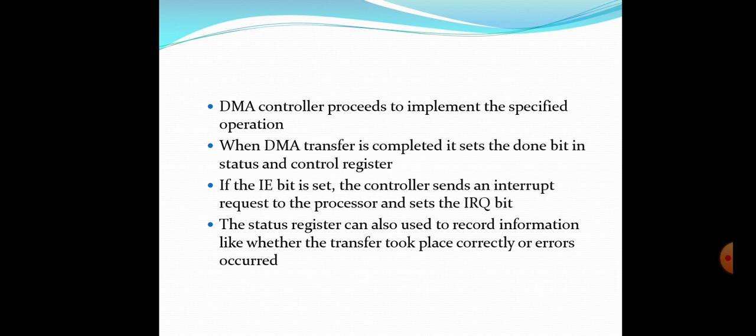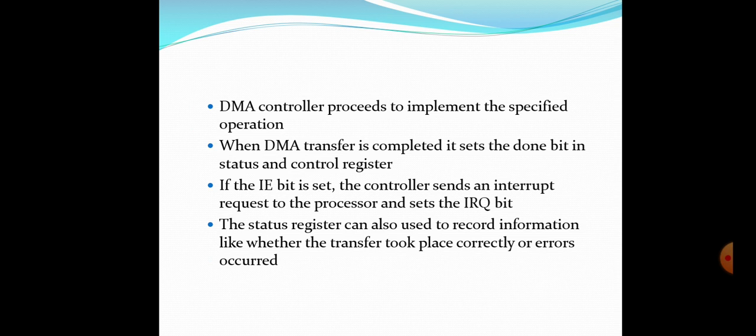After completing a block transfer, the DMA controller sets this done bit to 1 if it is ready for another block transfer. Then if the IE bit, the interrupt enable bit, is set, the controller sends an interrupt request to the processor and sets the IRQ bit. This step is done by the DMA controller to let the processor know that the process has been completed.